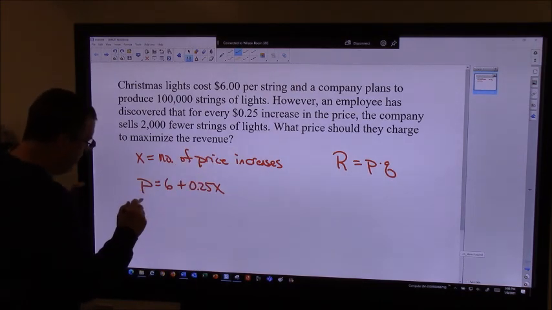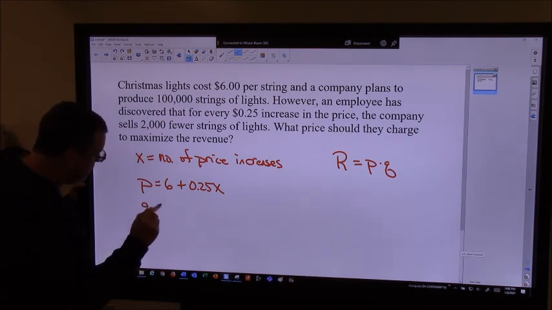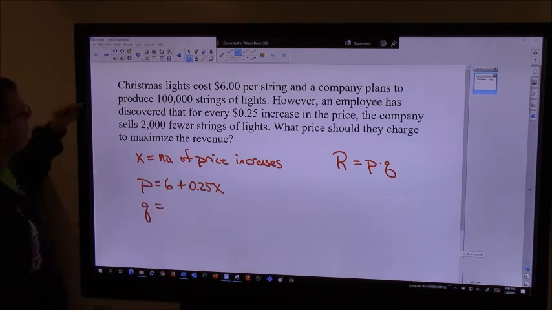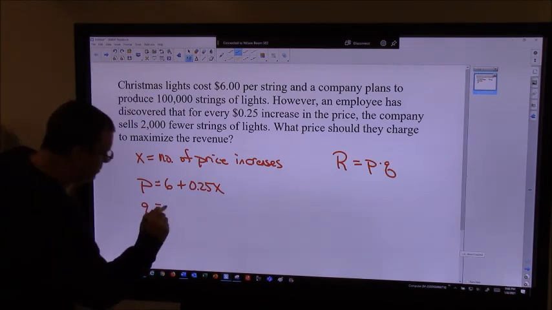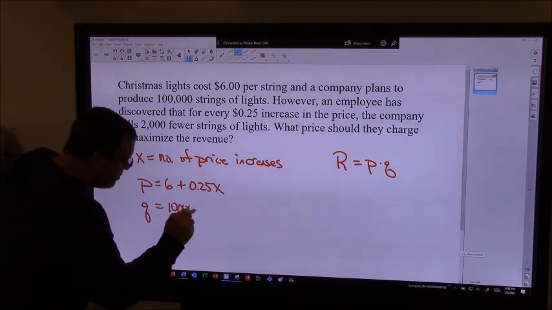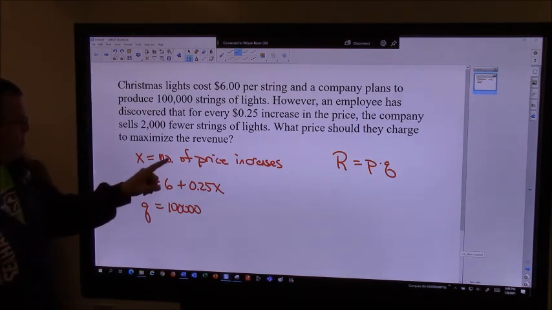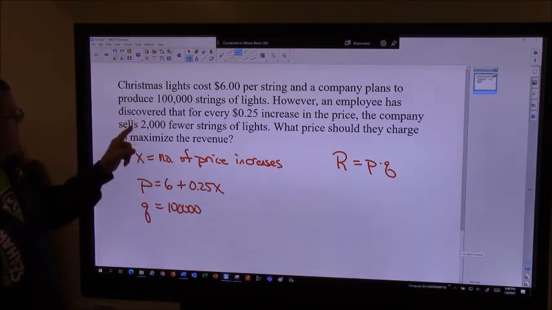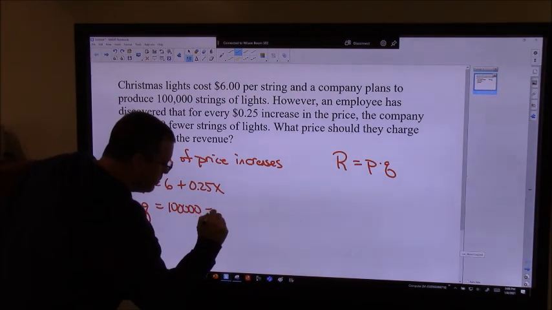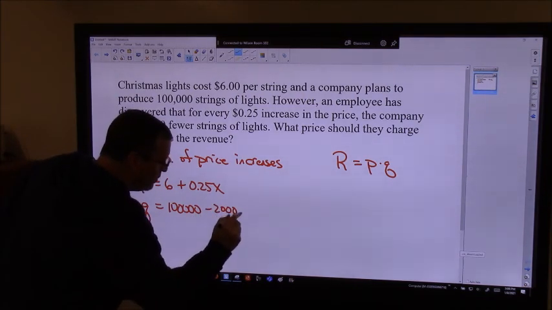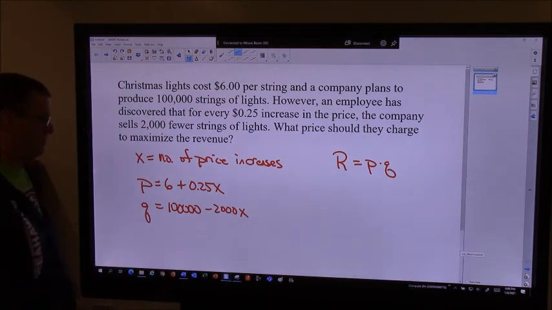And then what's the quantity? Well, the quantity, the number of strings of lights that we're going to produce, or sell, I guess, is 100,000. That's where we're going to start. But each time I raise the price by 25 cents, I'm going to sell 2,000 fewer strings of lights. So minus 2,000 for each of those price increases.